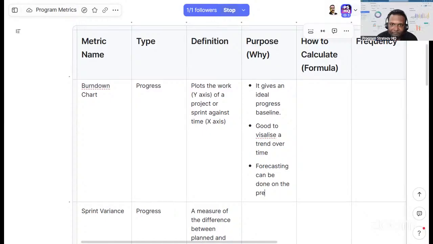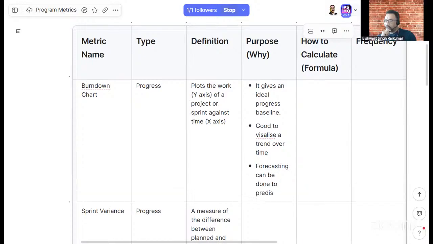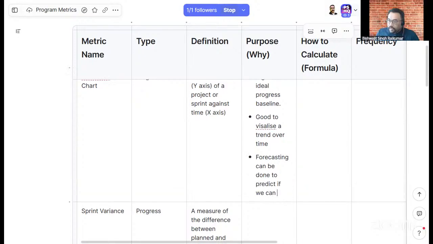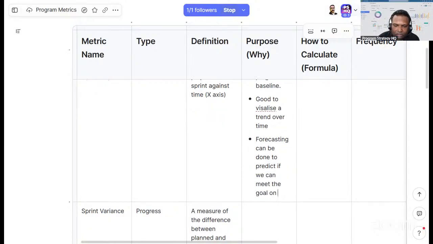Forecasting can be done to predict whether we can meet the sprint goal. It's an if prediction, nothing like meeting the goal on time as planned. Okay, right.